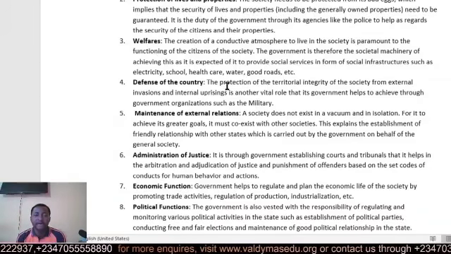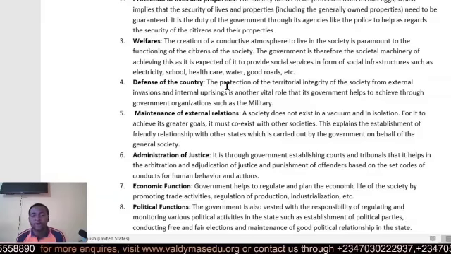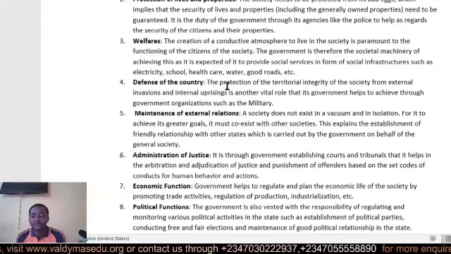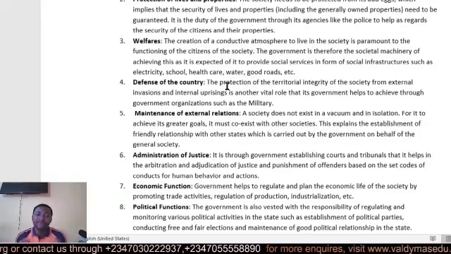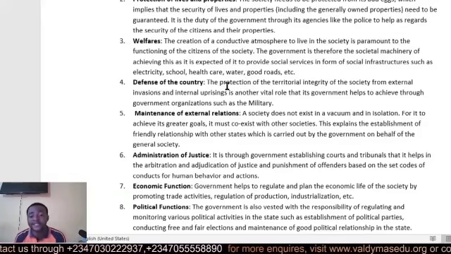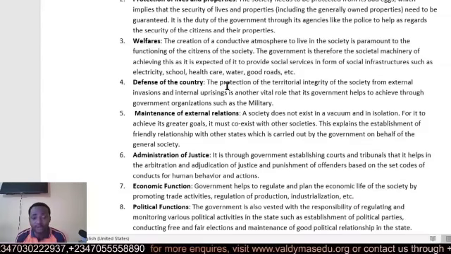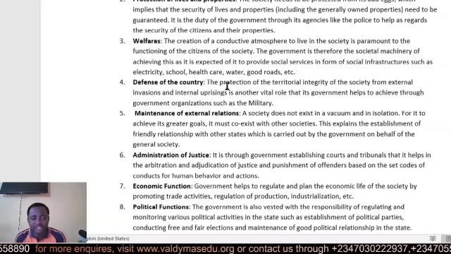Another very good function of a government, or what necessitated its establishment, is the political function. When we talk about the political function, we are talking about regulating and monitoring political activities in a state, the establishment of political parties, the conduct of free and fair elections, and the maintenance of good relationships.